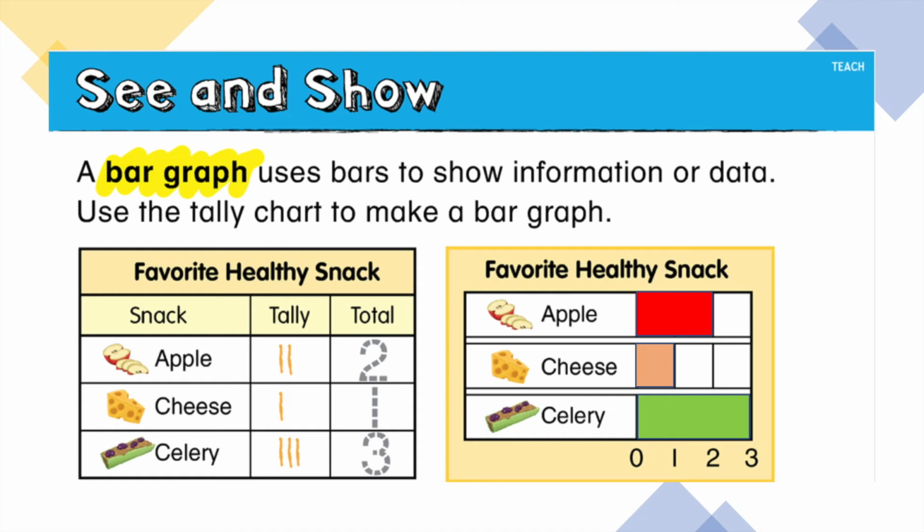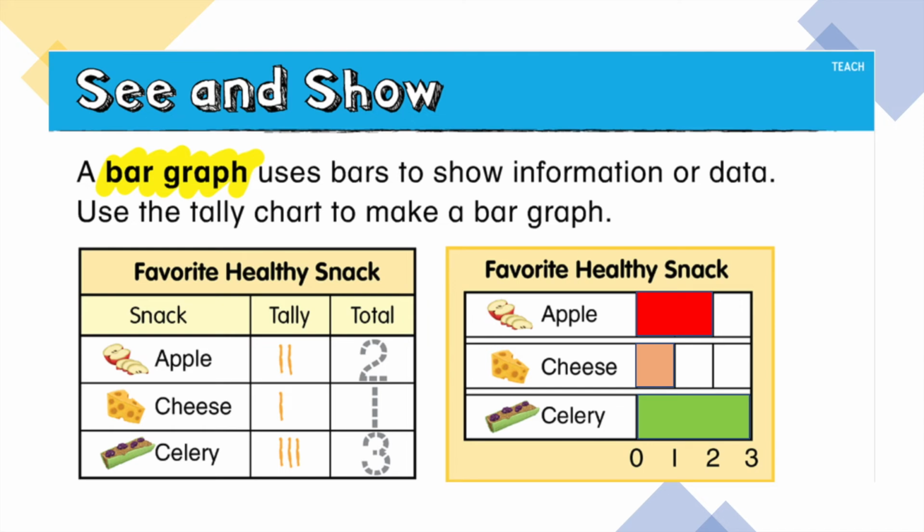Here we go. So a bar graph uses bars to show information or data. Use the tally chart to make a bar graph. So again, they're asking about their favorite healthy snack. The options or the categories were apple, cheese, and celery.